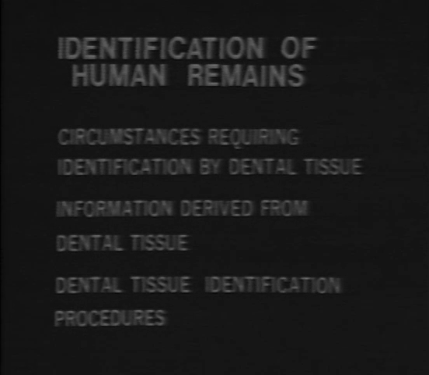This program has described circumstances which require the identification of human remains through examination of dental tissue. It has described the types of information which can be derived from dental tissue, and has demonstrated the procedures which should be used when identification is based solely on dental tissue.